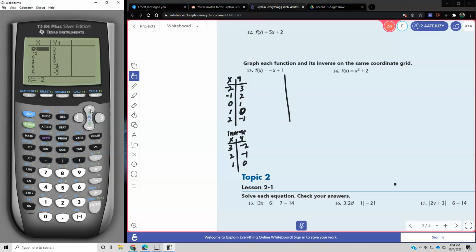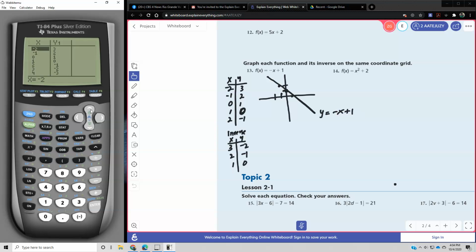So let me go ahead and show my graph. That's the y-axis. That's the x-axis. Negative 1, negative 2, 1, 2. So here is my line, y equals negative x plus 1.